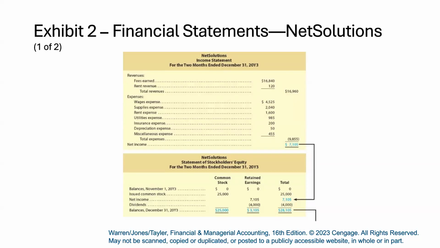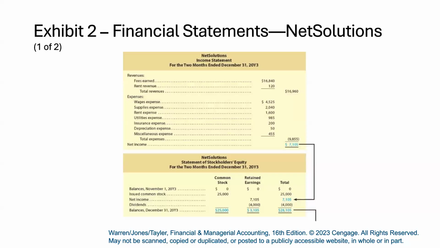Anybody remember what depreciation expense is? Yeah, when you buy a long-term fixed asset, like a piece of equipment that's going to last for 5 years, you want to spread the cost of that out as an expense over the 5 years. And so you depreciate or recognize a portion of the cost each period of time.